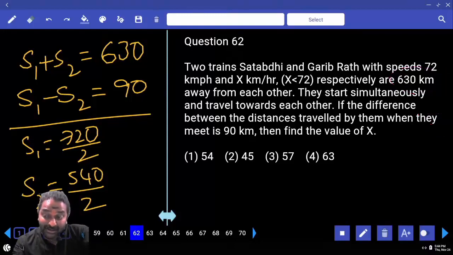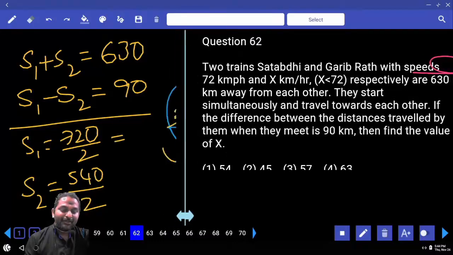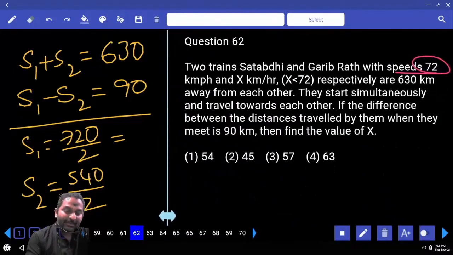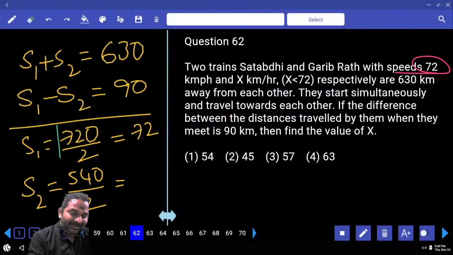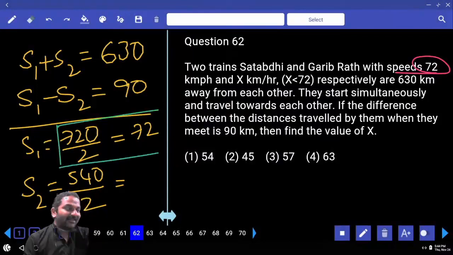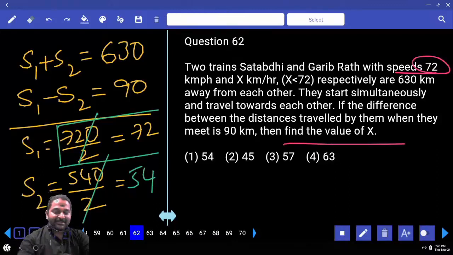Now, you already know that the speed of the first train is 72 kilometer per hour. Agreed? If this is equal to 72, 540 by 2 must be equal to? Look here. 0 by 2 has no value, 72 equal, and it becomes 54, right? So what is the speed of the second train? The value of x, that's what we were asked to calculate, which is 54.